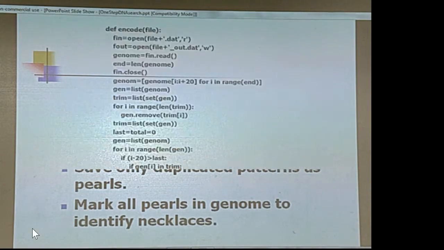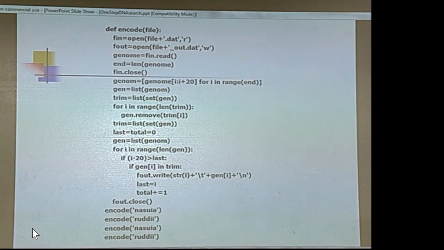And this is a more advanced Python search, because Python really has lots of very nice string functions, and I want to take advantage of that. This search is basically taking the genome file and making a list of it. Python has a very nice function called set.